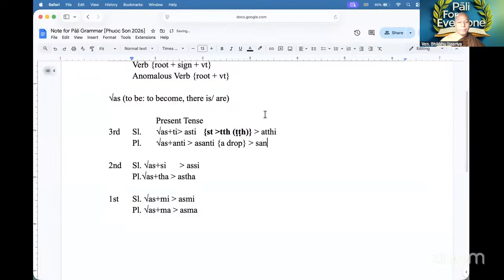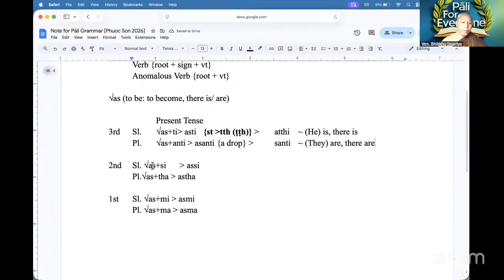So santi. Now that third person singular is atthi. So atthi means even though he is, but sometimes there is also. So for the santi also, sometimes they are, but sometimes there are, that sense can be understood.